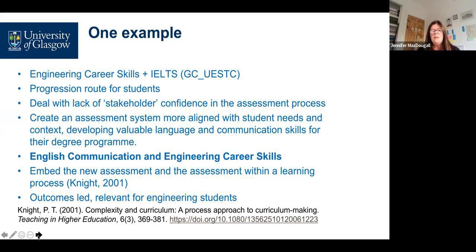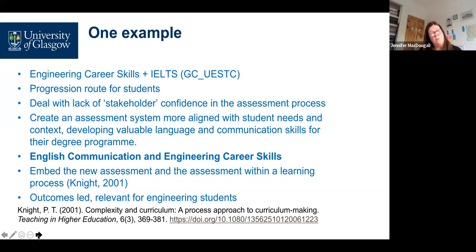So we wanted to create a progression route that was more aligned with the students' needs. So we were looking at English for specific academic purposes, something that would fit with what the students are actually doing as engineers. And we found a course that already existed.